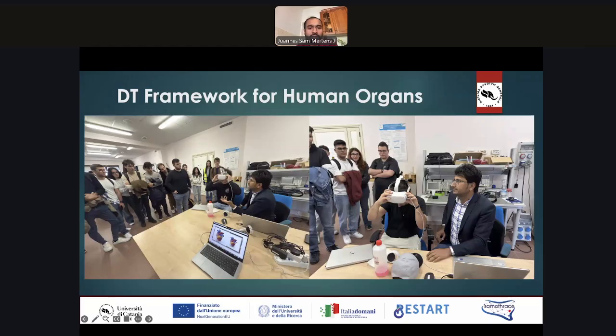And this is our lab, and we have the PhD student working on this, and he's showing the 3D view of the animated organs to the master students here. So we have the MetaQuest device. The students who are wearing the virtual device, the MetaQuest 2, are looking at the real-time view of the heart organ.